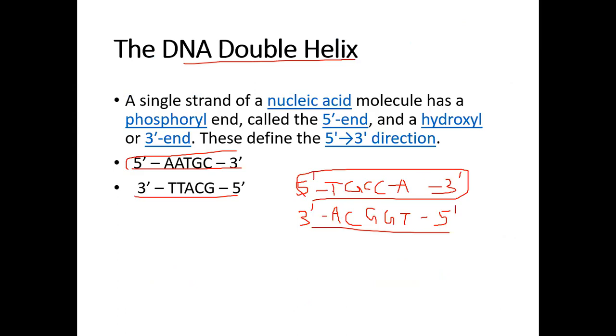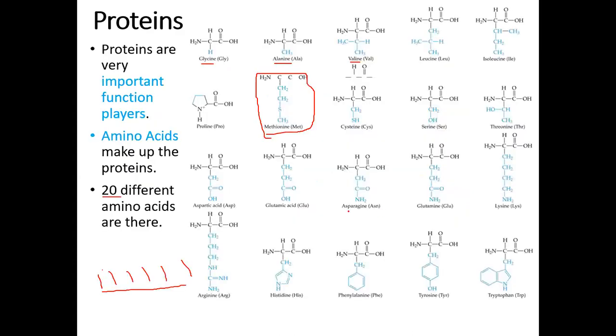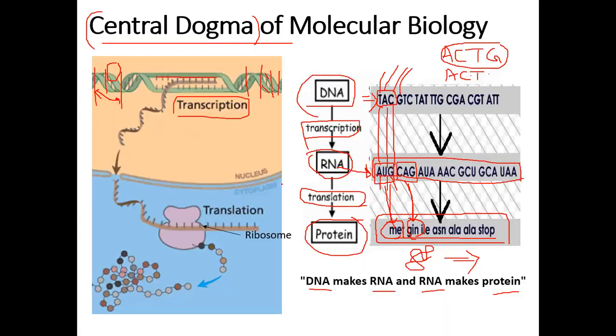T with A, G with C. If you have A in the DNA, you would have U in the RNA. But in a gene, if you are asked to write the complementary strand, it should be T. Clear? Yes, madam. Thank you.